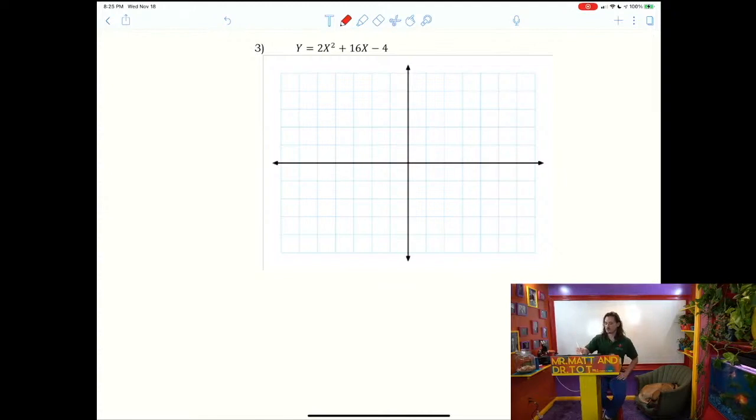So I'll give you 4 minutes. After 1 minute, I'll start to solve just to save some time. And then we'll move on to the next form of the quadratic equation we can see. So 4 minutes.